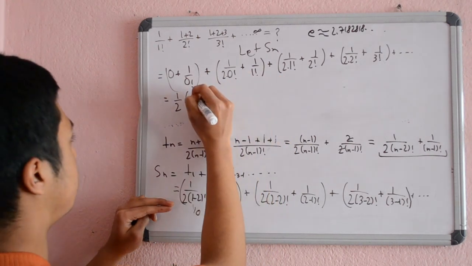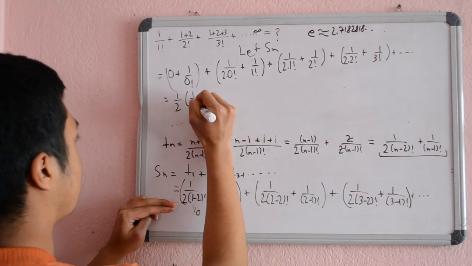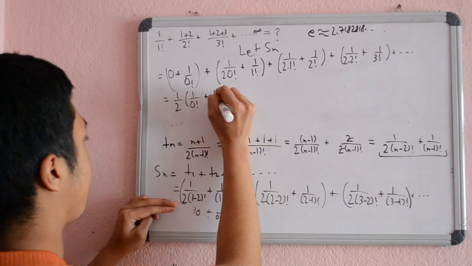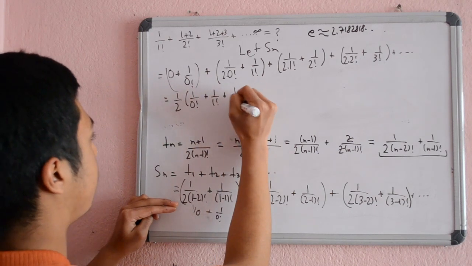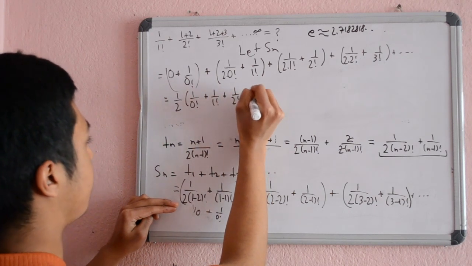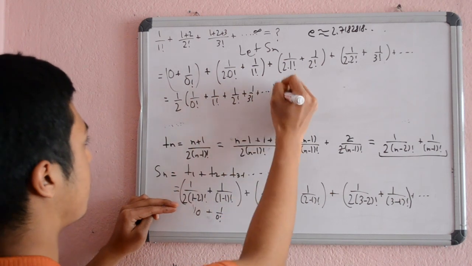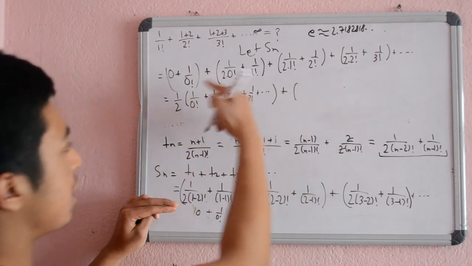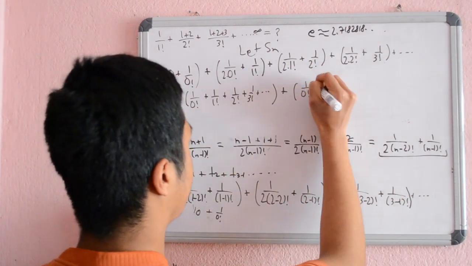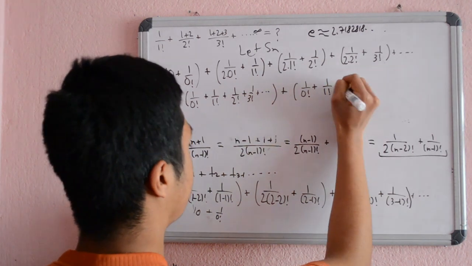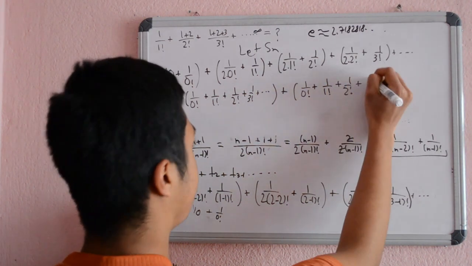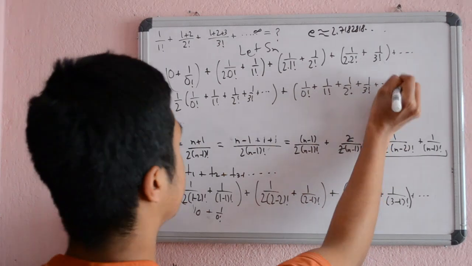So first you'll have 1 by 0 factorial plus 1 by 1 factorial plus 1 by 2 factorial plus 1 by 3 factorial plus dot dot dot, plus the remaining terms: 1 by 0 factorial plus 1 by 1 factorial plus 1 by 2 factorial plus 1 by 3 factorial plus dot dot dot.